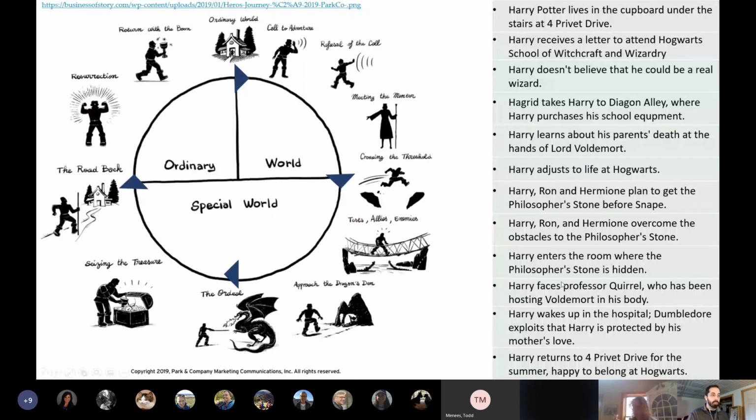I guess these two steps are switched, because he faces Quirrell and then gets the stone, so he seizes the treasure. He wakes up in the hospital, returned to life, returns with the power of his mother's love, and then returns back home, but different, changed, a better person.